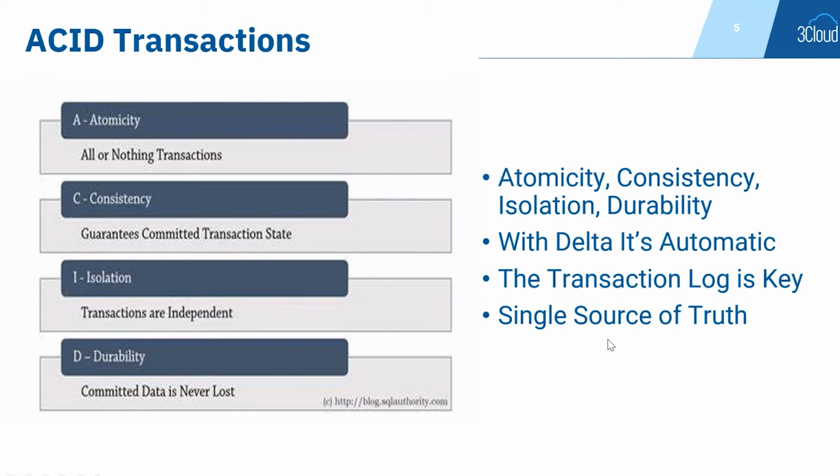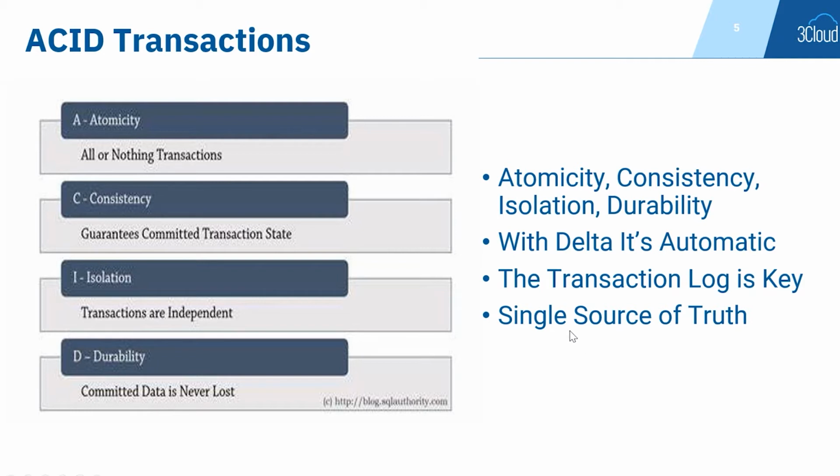The transaction log, of course, is the key. Without it, we wouldn't have ACID transactions, and we wouldn't have some of these other features that I'm going to discuss about Delta Lake. So it's a very key piece of information for each Delta table that is developed and created in your path to doing ETL or what have you.